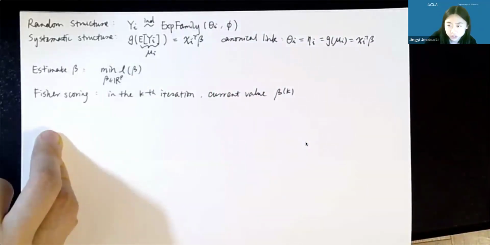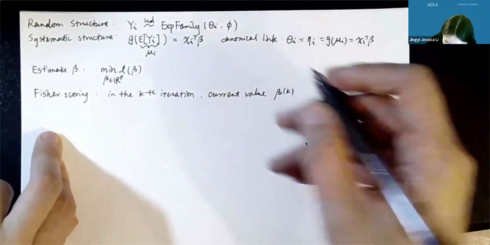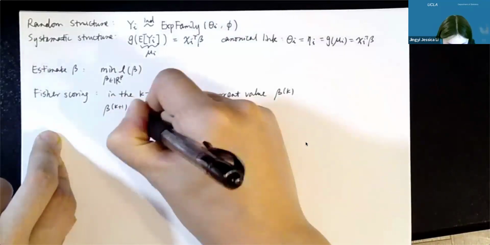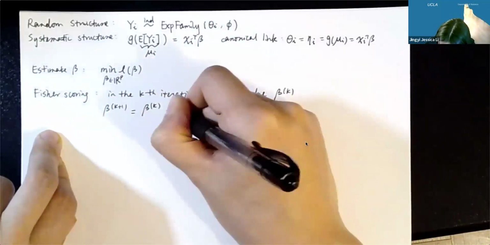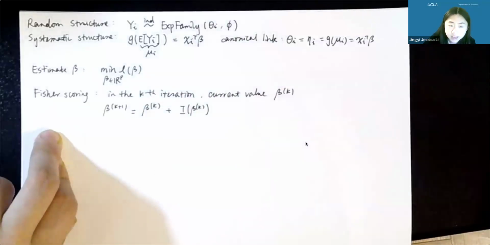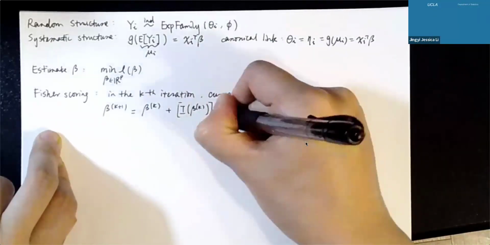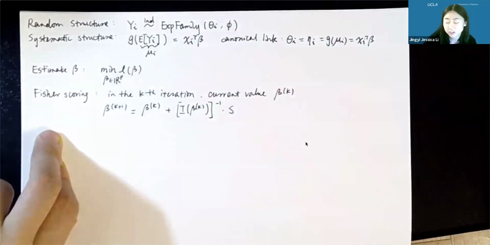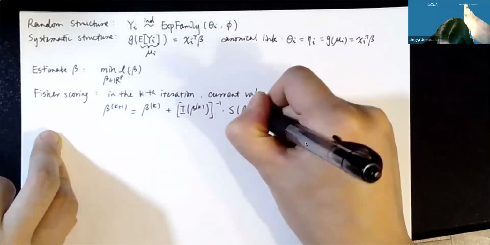Then the question is, how do we find the next beta value, beta k plus 1? The update can be written as beta k plus 1 is beta k plus the inverse of the Fisher information matrix at beta k, times the score function. The score function is the gradient of the log likelihood at beta k.